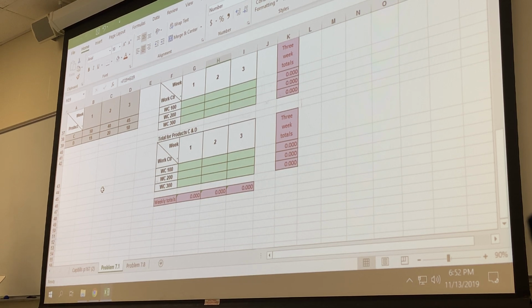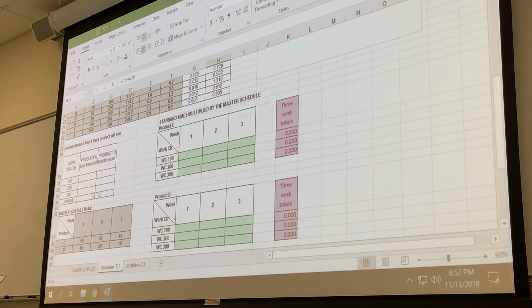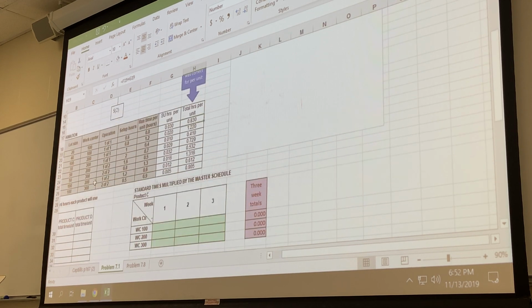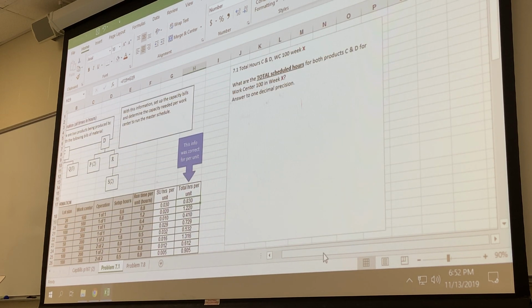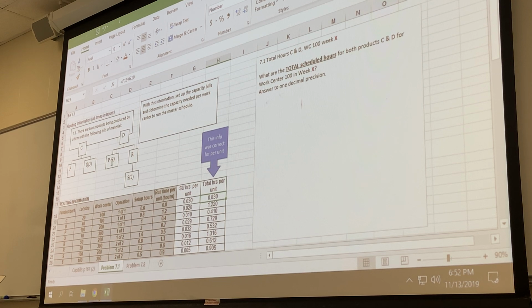She created an intermediate step because she didn't like the way that I jumped in. My formulas would be a little swirly for right here. So she created a step over here and then you complete these. Because here, you've got to consider the product structure tree and the number of parts.